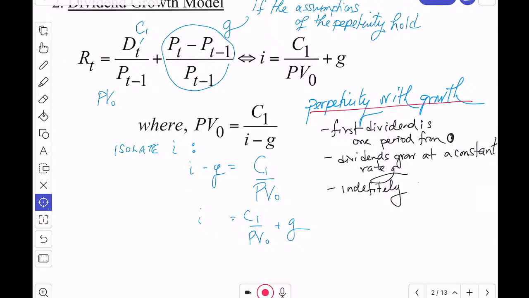So my point is that if we have these assumptions, we can use them to estimate the discount rate.